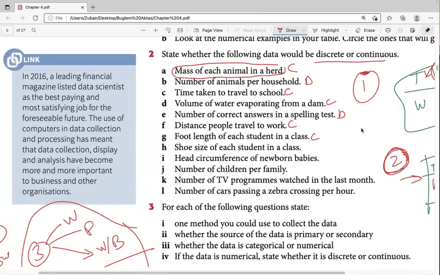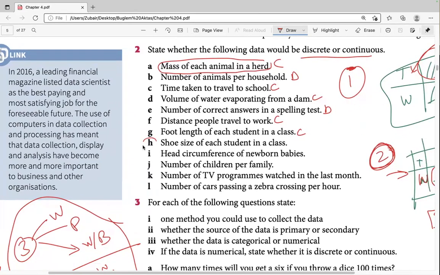Okay, we may have different experiences. I'm highlighting this question. In Pakistan, we have these shoe sizes 6, 7, 8, 9, 10. So that would be discrete because there are no decimals in it. I've also seen someone ask, for example, my shoe size is 42 against 8.